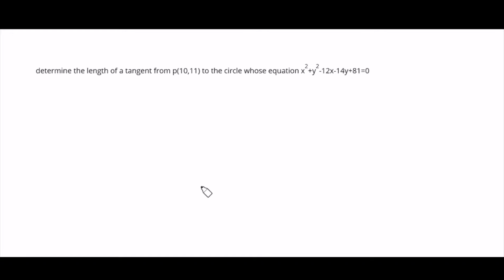We have been told, determine the length of a tangent from P (10, 11) to the circle whose equation is x squared plus y squared minus 12x minus 14y plus 81 equals 0. So let's write it here: x squared minus 12x plus y squared minus 14y equals negative 81.